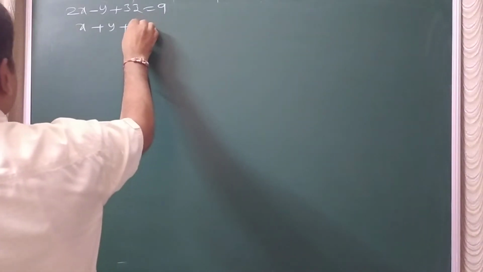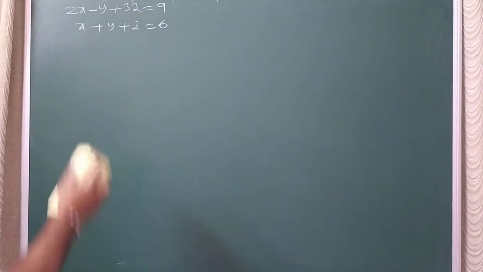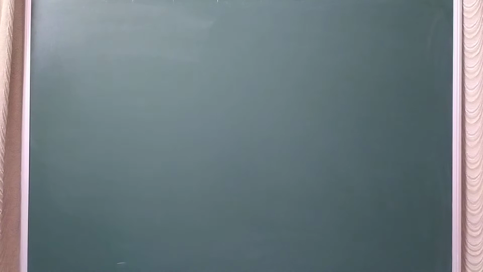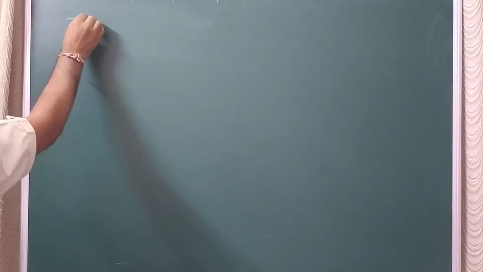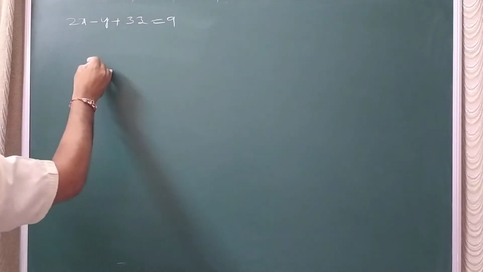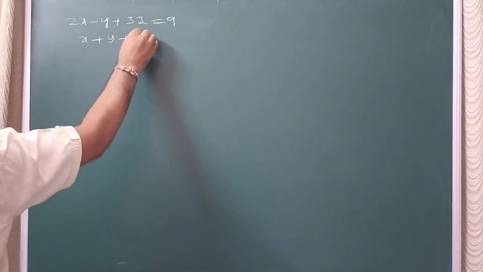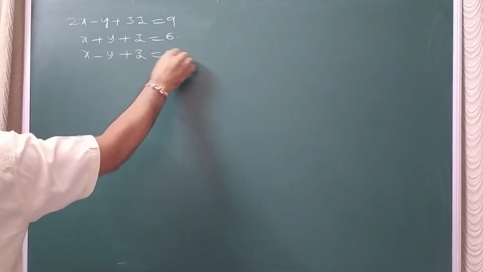2x minus y plus 3z is equal to 9. x plus y plus z is equal to 6. x minus y plus z is equal to 2.